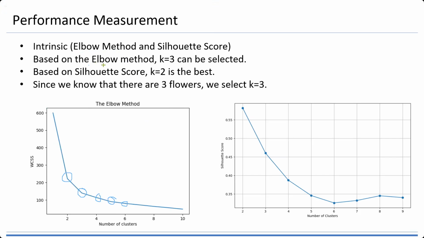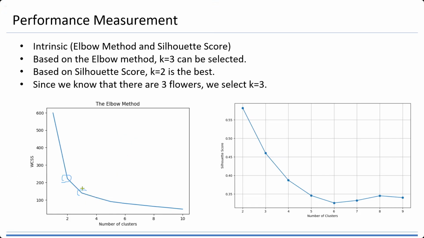If we are using the elbow method, which one do you choose? Are you using k equals 2? Or k equals 3? Or k equals 4? If we look at the elbow, there's an option, maybe 3 or 4, or maybe 2 or 3. Yeah, so sometimes it is very subjective.